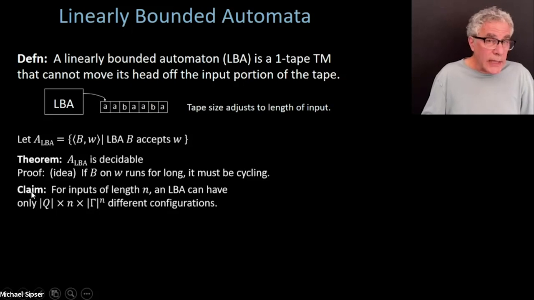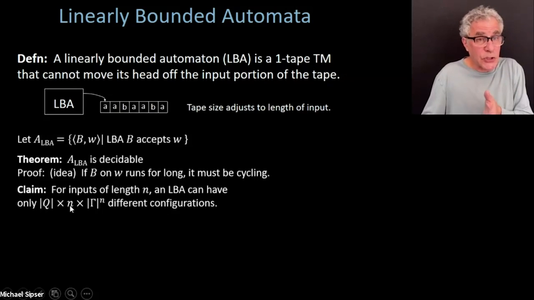And here's the actual calculation, which is something I'm sure you could do on your own, but just to spell it out. If you have an input of length n that you're providing to B, so W is of length n, the LBA can only have this number of different configurations: the number of states, times the number of head positions, which is n, times the number of different tape contents.